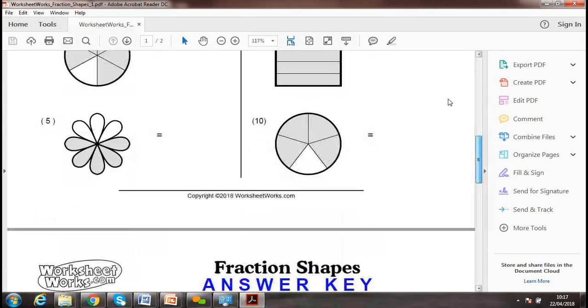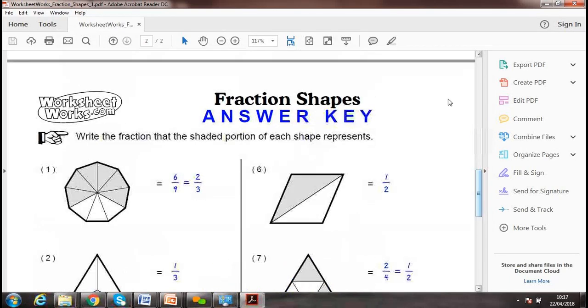Okay, so next. If you look there, first was 2/3. Total how many boxes were there? 9. And how many are shaded? 6. So 6 by 9, if you want to simplify it, is 2/3.